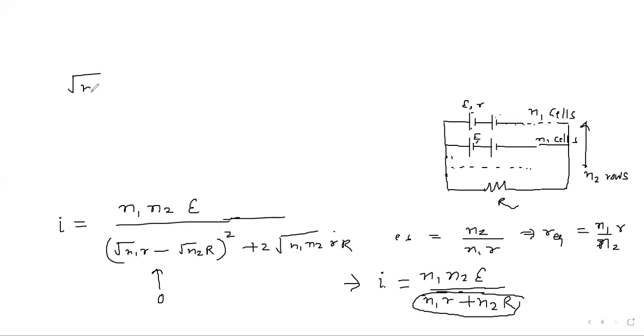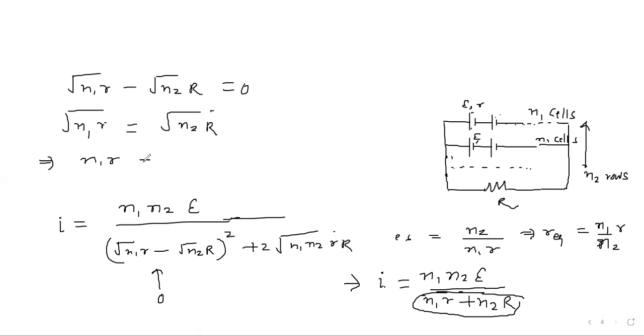So root N1r minus root N2R must be 0, or root N1r equal to root N2R, which further implies N1r equal to N2 capital R, which is the required condition. Thank you for watching.